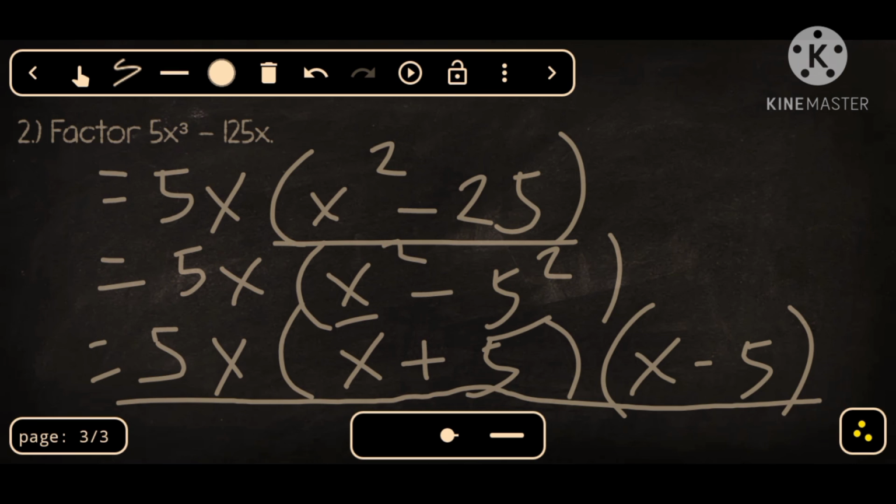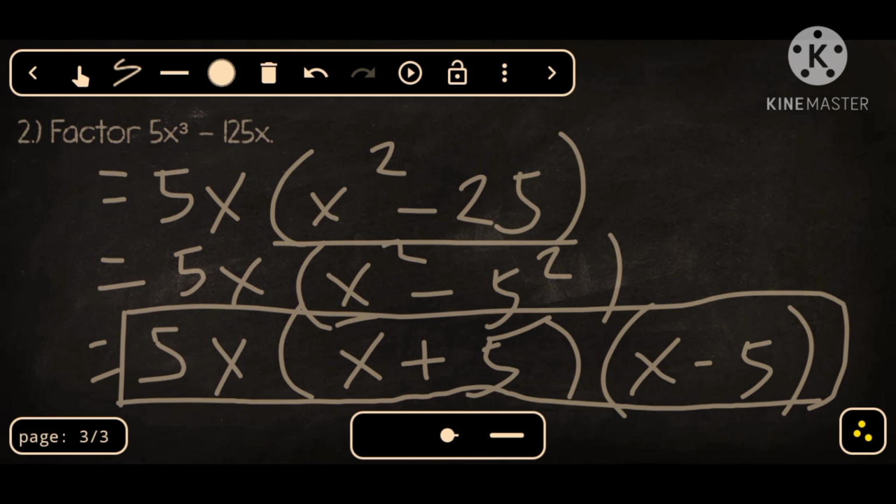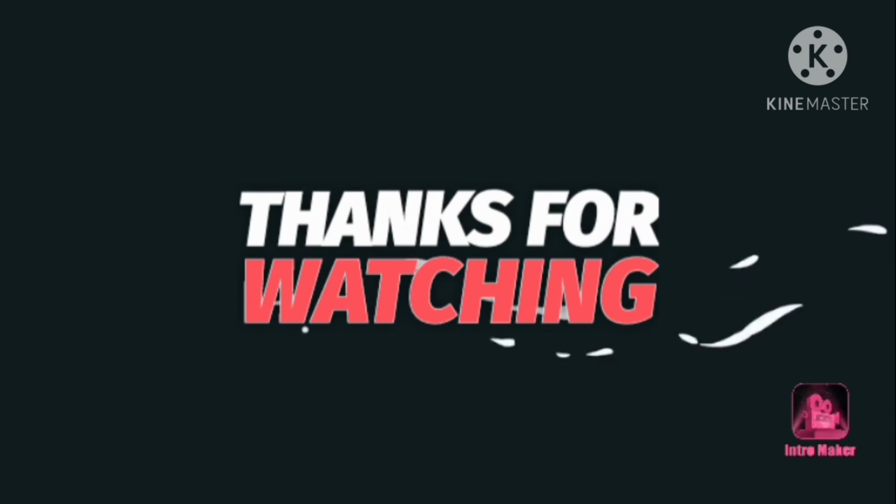These are now the factors since this is now irreducible. So that is the final answer: 5x times x plus 5 times x minus 5. This is irreducible. So that's it for difference of squares.